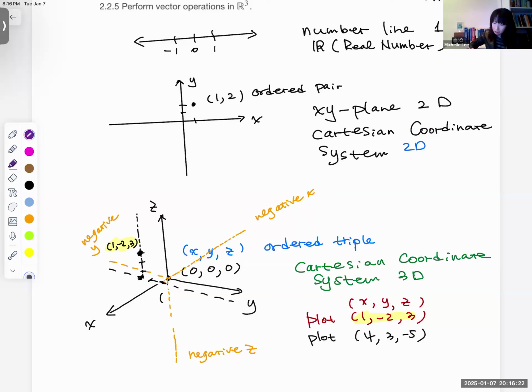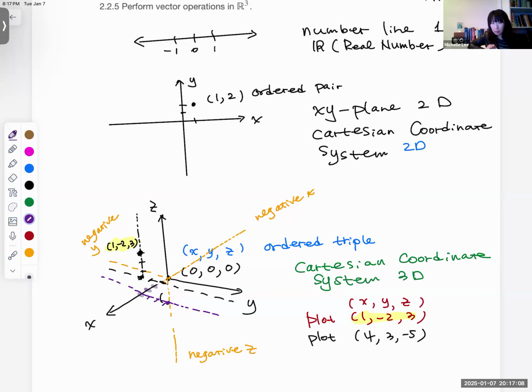Now let us do this. 4: so 1, 2, 3, 4. Then 3. So we make a line parallel with the y-axis, and then positive 3: 1, 2, 3.